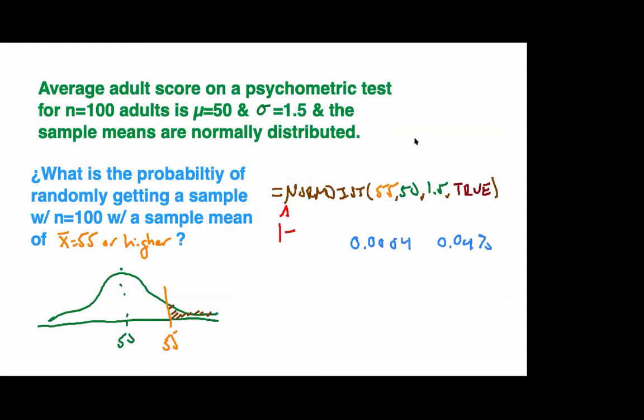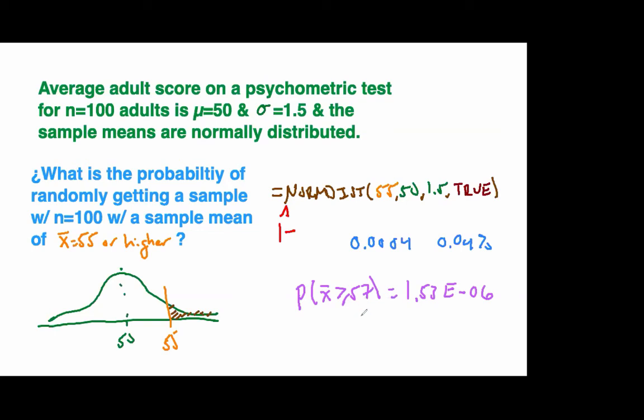And here's the interesting part. If I ask for an even higher value, as this average score goes higher, if the mean was 57 or higher, so if I change the 55 to a 57, the answer comes out to be 1.53e minus 6. Remember, this notation means that we have to move the decimal place over 6 places.